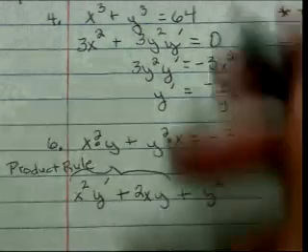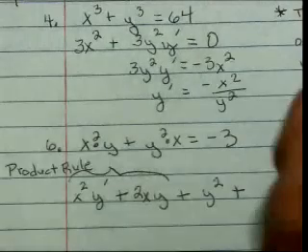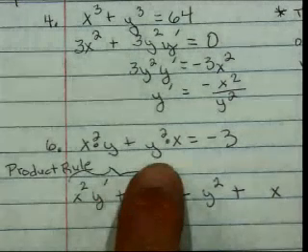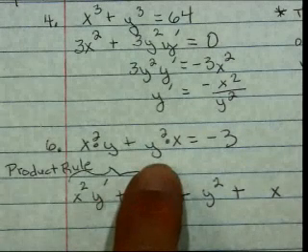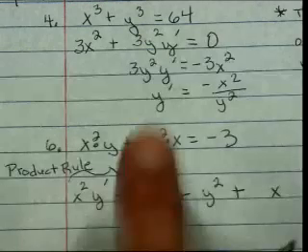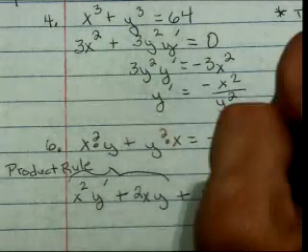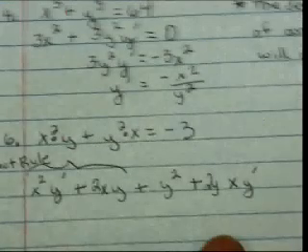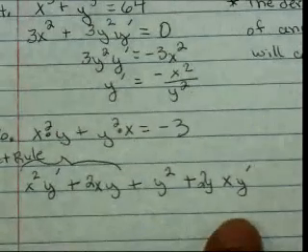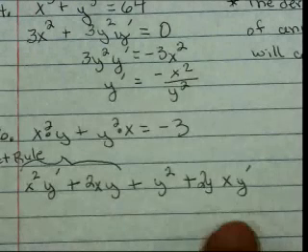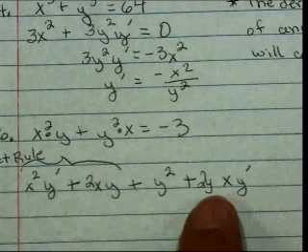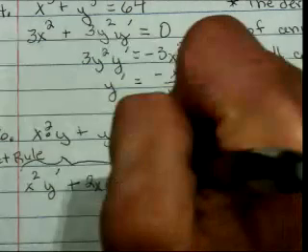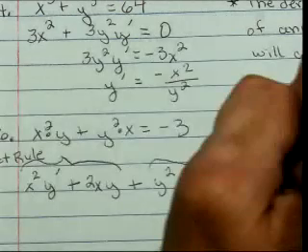Now I need to add the second factor times, what's the derivative of the first? 2y times y prime. Doesn't matter in what order you wrote those. I wrote them wherever I had room. That's the second factor times the derivative of the first. These two terms come from that.